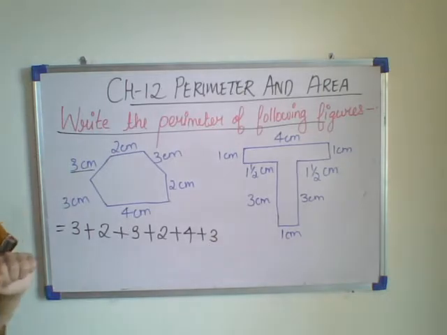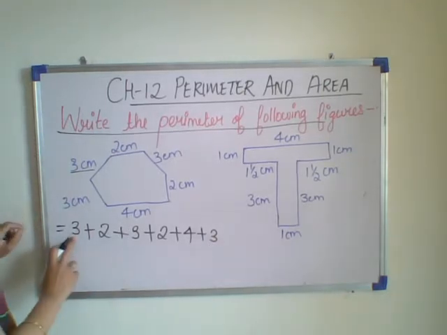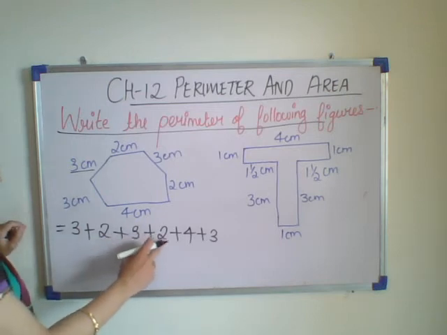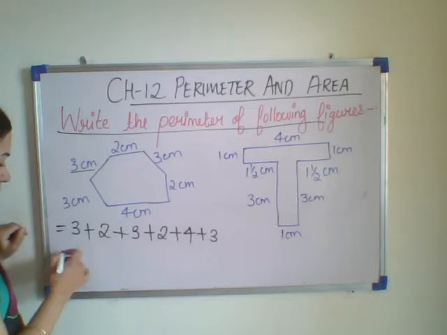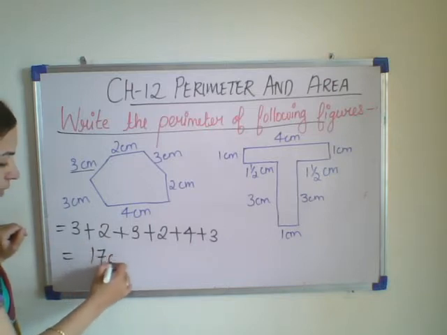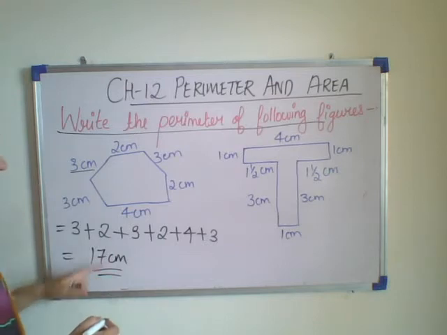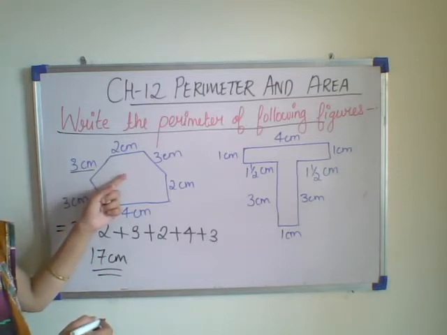We have to add all of this, then we will get the perimeter. If we add 3 plus 2, again plus 3 plus 2 plus 4 plus 3, we will get 17 centimeter. So 17 centimeter is the perimeter of this figure.